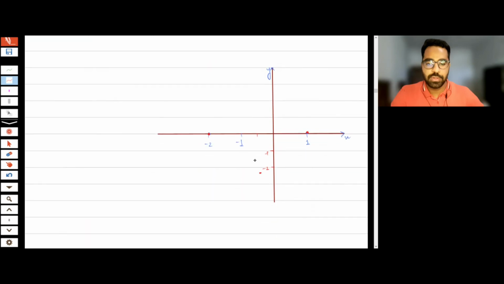What I'm going to do is connect the turning point with my y-intercept and the x-intercepts to get one part of the quadratic curve. So I have one part. What will the other part be? The other part would be the exact image of this side.